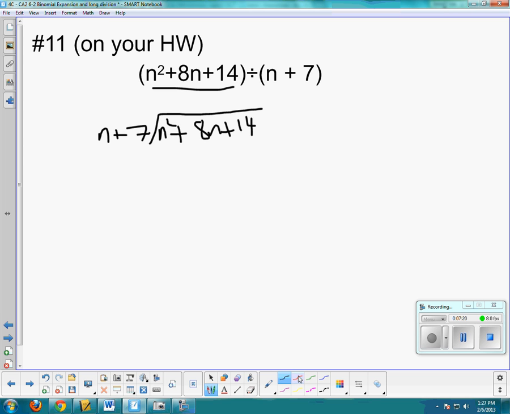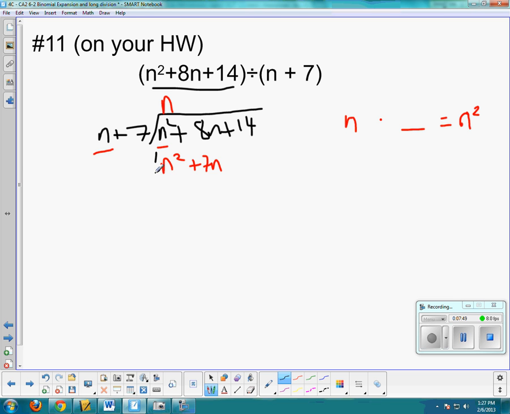Okay, so first question, I'm going to always look at this n, and then compare it to these things. So what do I multiply n by? n times something will give me n squared. And hopefully you guys know that n times n will give you n squared. So now I take n, and I say n times n is n squared, and n times 7 is positive 7n.